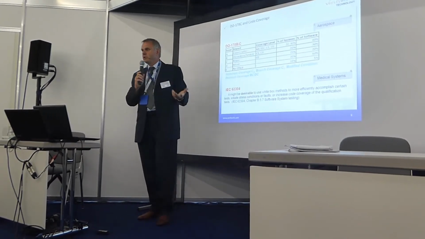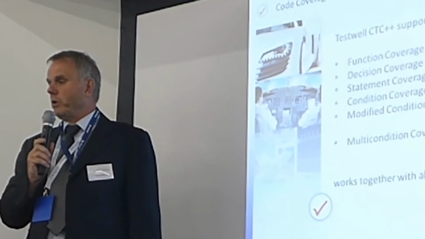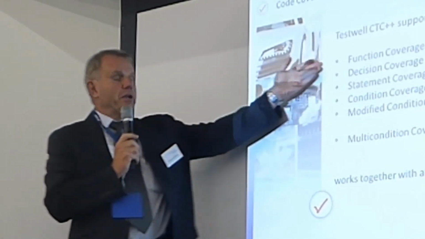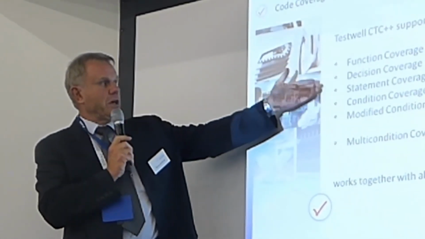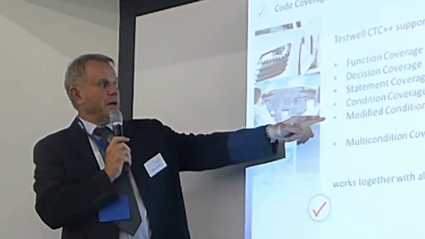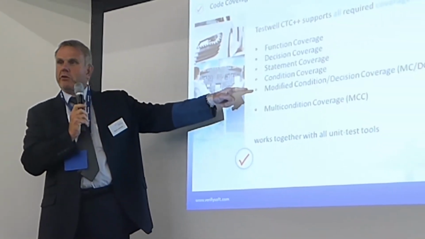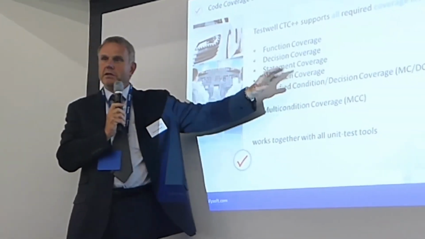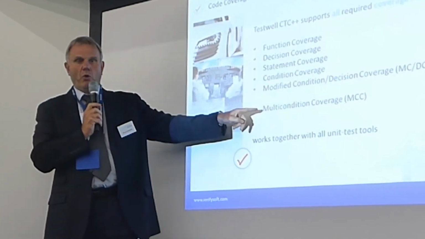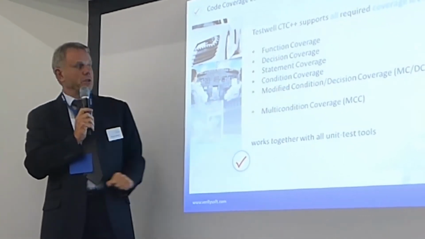MCDC is modified condition decision coverage. With Testwell CTC++, we support all of the required coverage levels, starting from function coverage, decision coverage, statement, condition, up to modified condition decision coverage, MCDC coverage. You will find this in the standard. We do even more, we also do the multi-condition coverage.